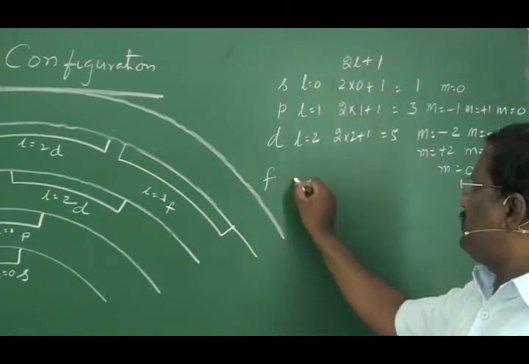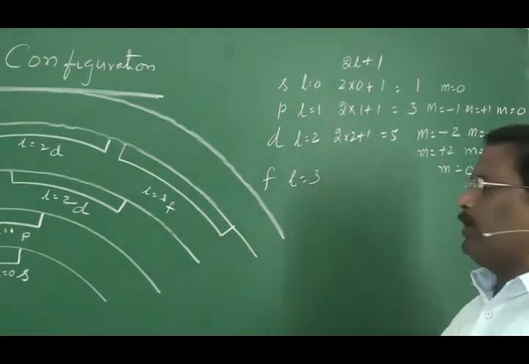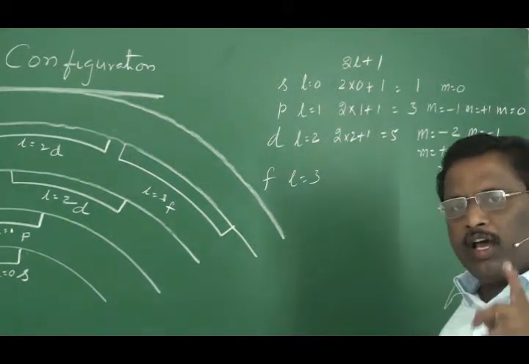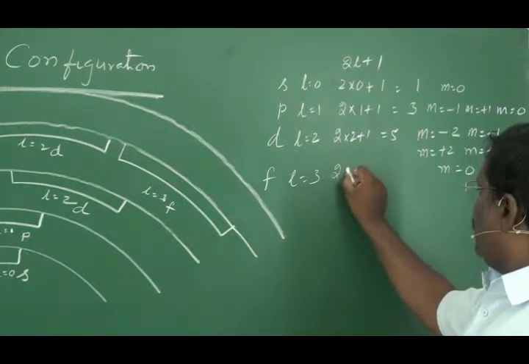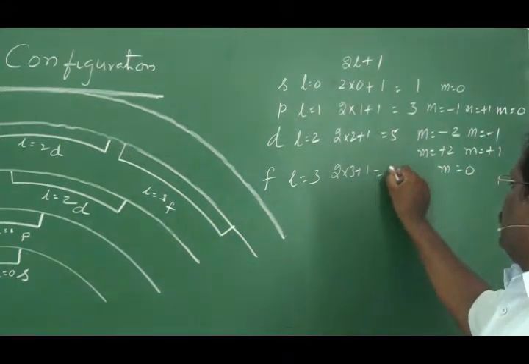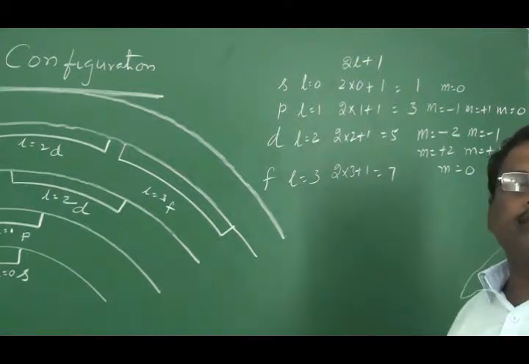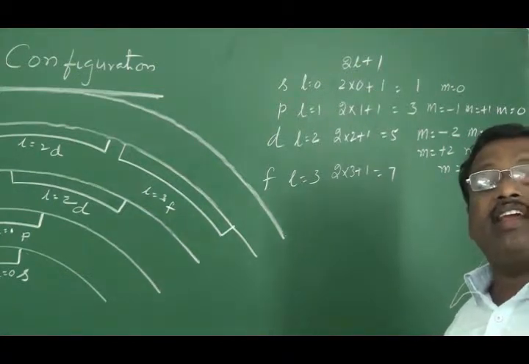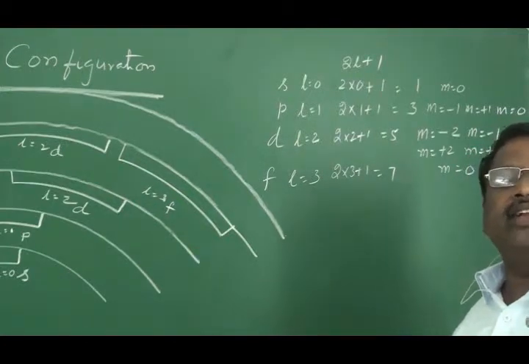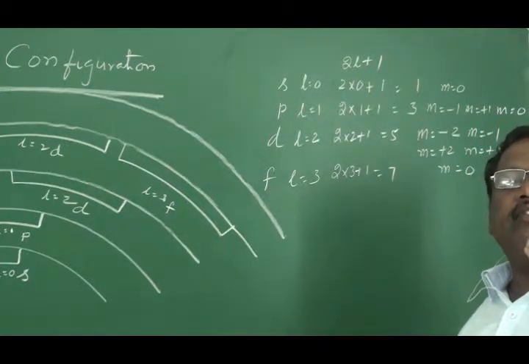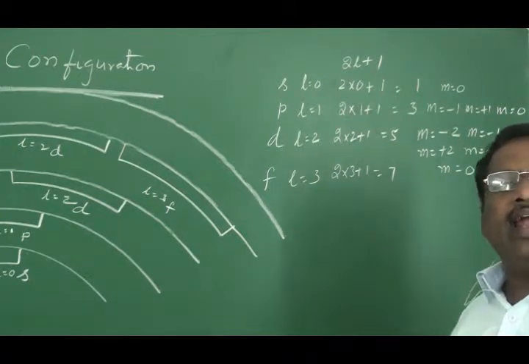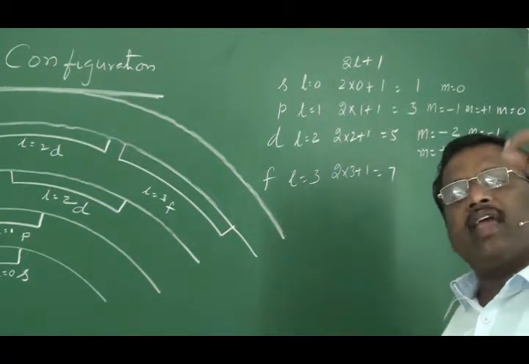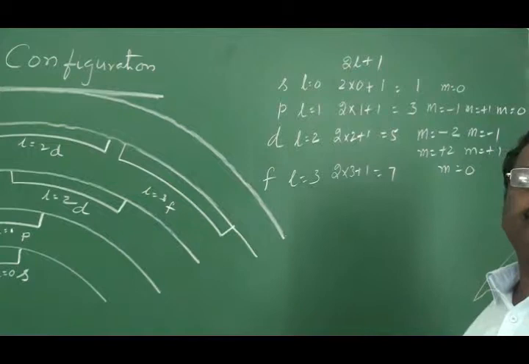Similarly, for F sub-energy level, L is equal to 3. So 2 into 3 plus 1 is equal to 7. There are 7 F orbitals present in each F sub-energy level, and they have 7 M values.